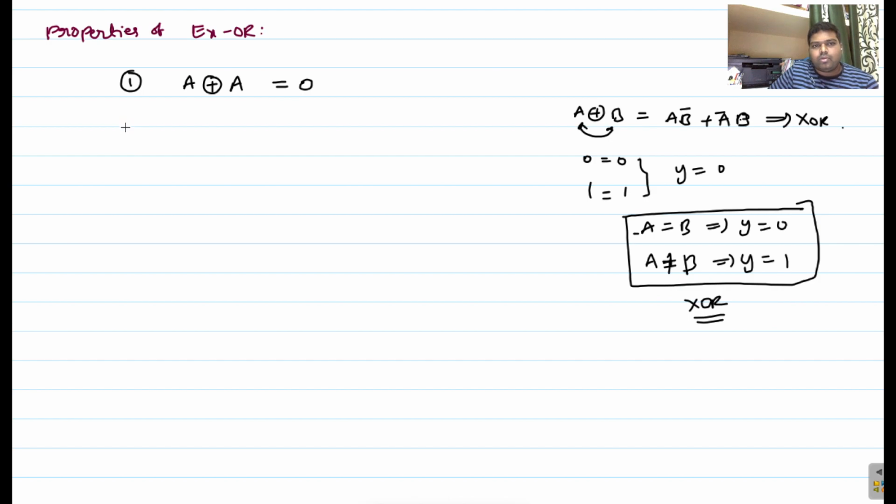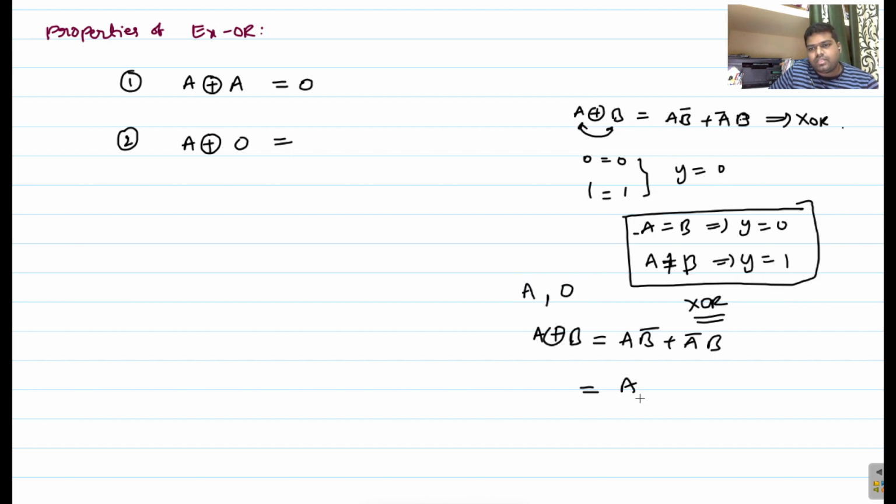And the second property, A XOR 0. What is the answer? You can simplify with the help of this expression. One input is A, another input is 0. Now our condition is A XOR B equals A B bar plus A bar B. The first input is A, and the second input is 0, so here we have two inputs, A comma 0.